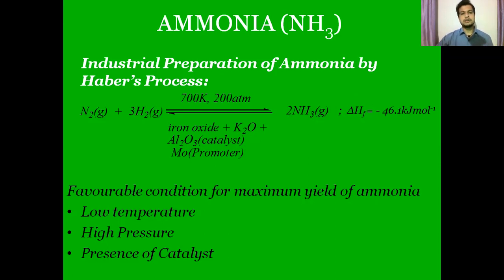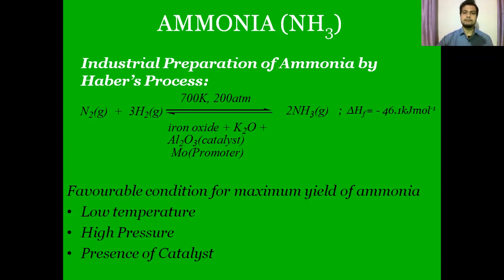Now, the question is, why do we require such conditions? And what is the favorable condition for the maximum yield of ammonia? Since this reaction is exothermic, which we can see from the value of the heat of formation, -46.1 kilojoule, according to Le Chatelier's principle, any exothermic reaction is favorable at low temperature.